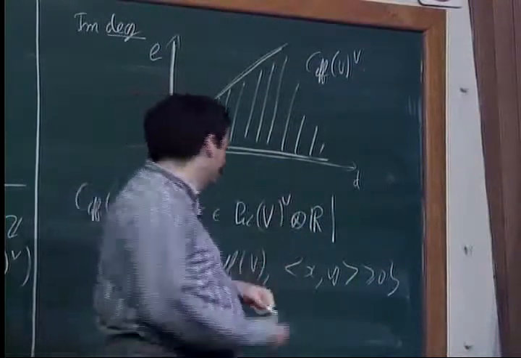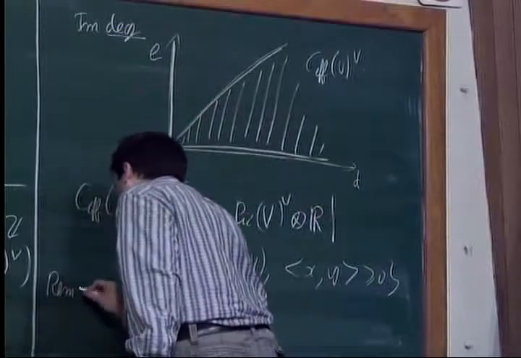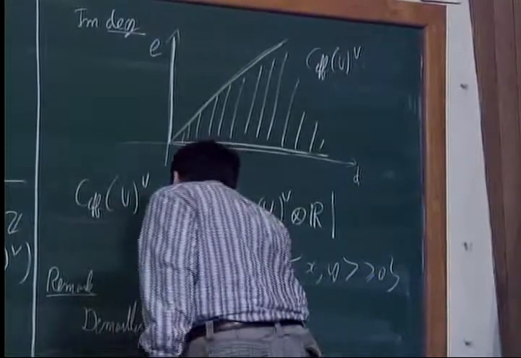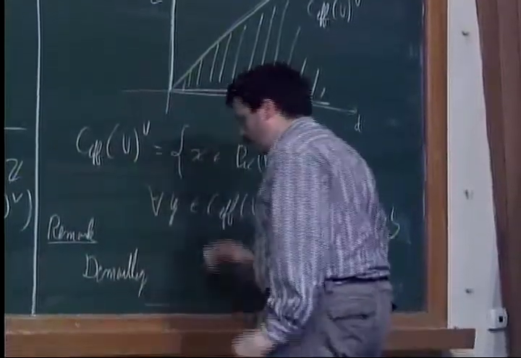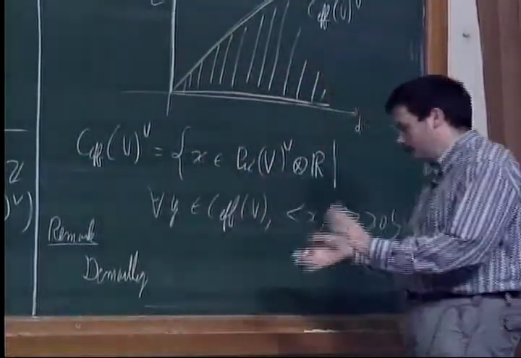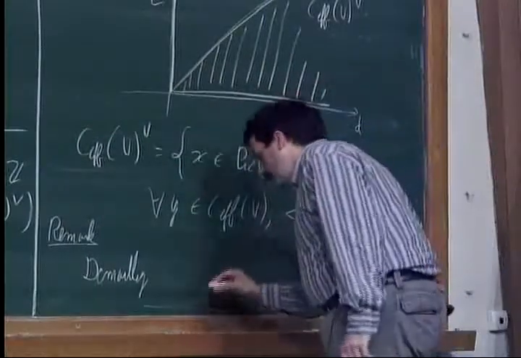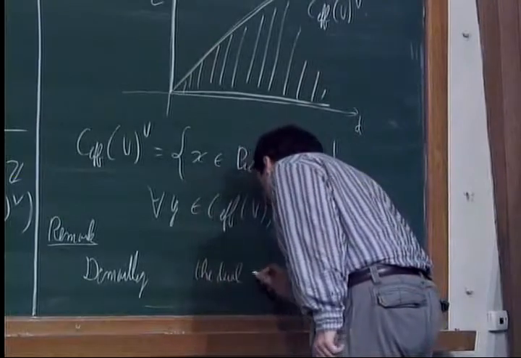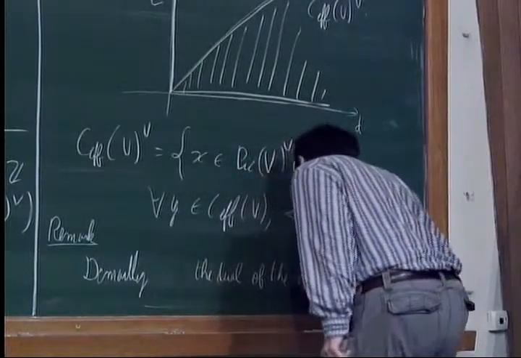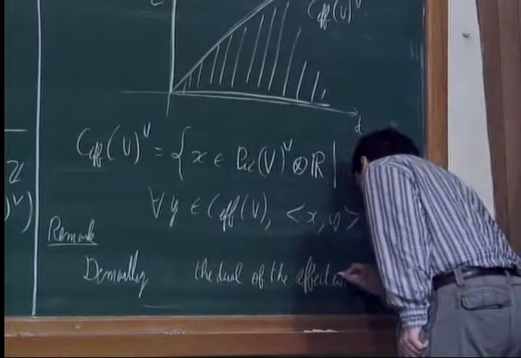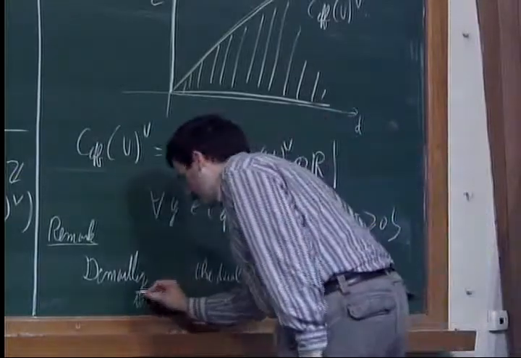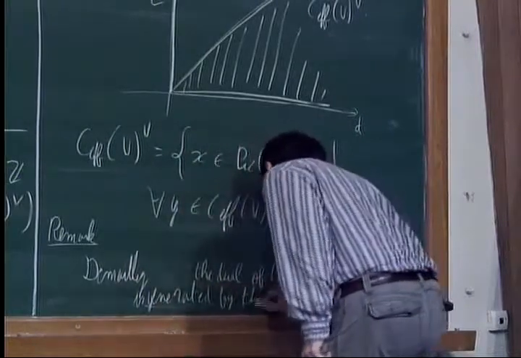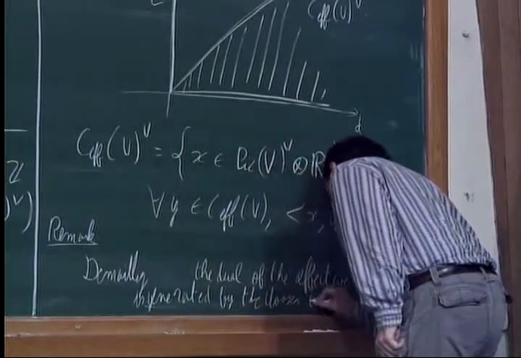So already we see, I state it in an imprecise way, but more or less, the dual of the effective cone is generated by the classes of very free curves.